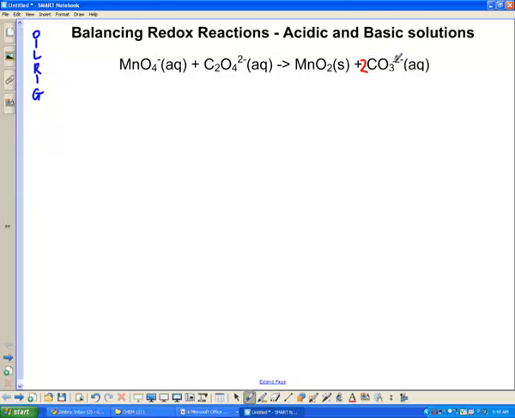I haven't balanced my charges. That is the one thing that is going to make redox reactions a pain in the butt, at least if you try to balance this way. Because not only do you have to balance the number of atoms of each species, but you've got to balance the charges as well. And that's not something we've had to worry about too much before. It's just sort of always happened.